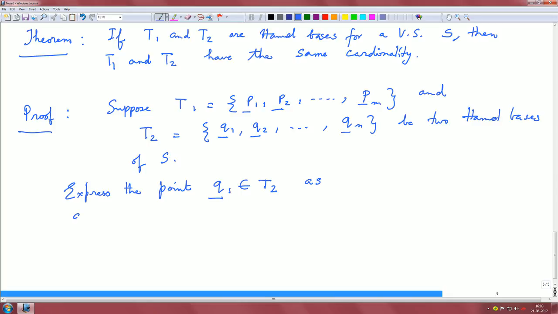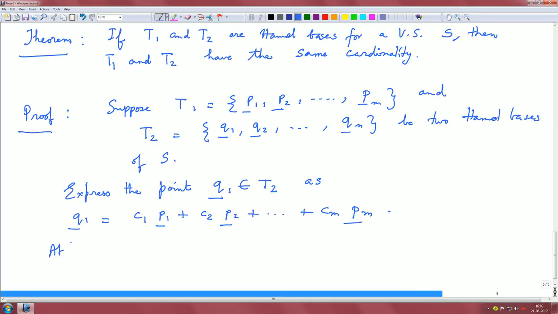So, let us suppose Q1 is C1 P1 plus C2 P2 plus so on till Cm Pm.